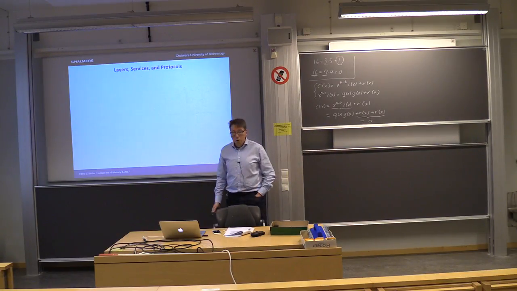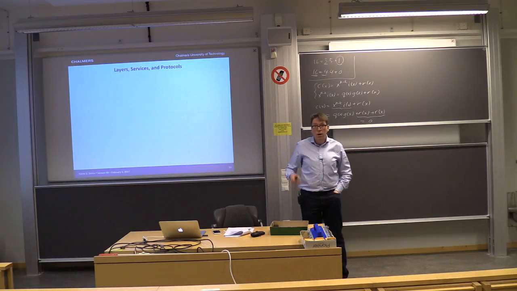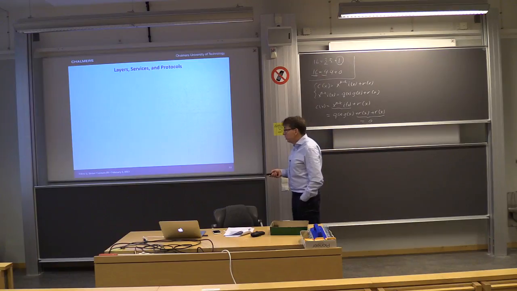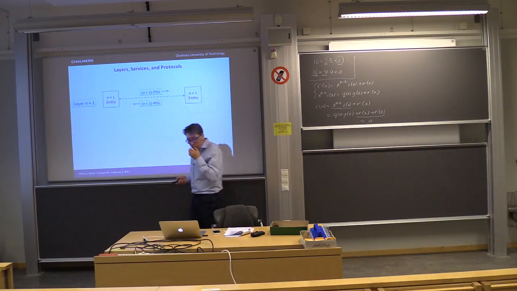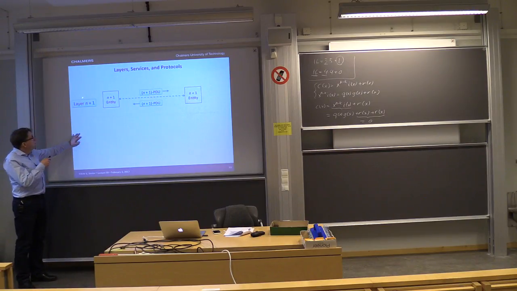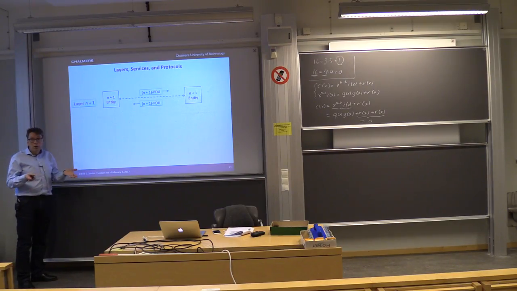Going back to protocols, this is a very quick recap of what we did early in the course. We have layers, services, and protocols, and we know that the protocol lives in a layer. In layer n+1 there are two software processes, two entities, or two peer processes, it's the same thing, that communicate with each other, exchanging protocol data units, and executing a protocol according to the rules of the protocol.